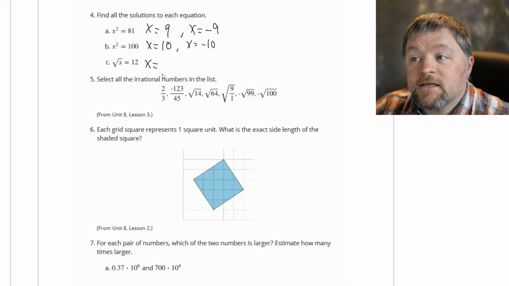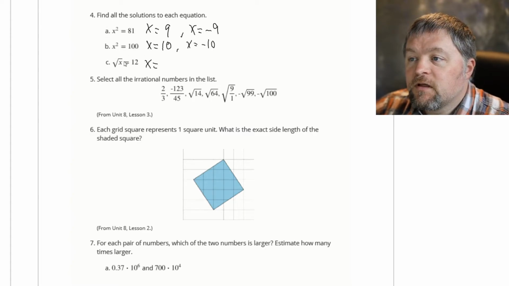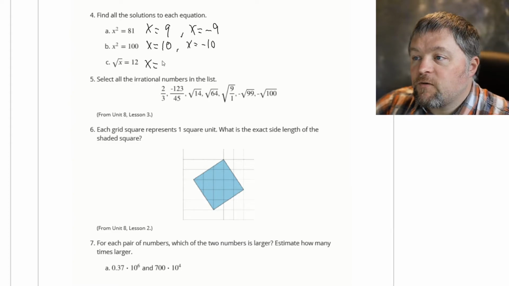Well, because this one is doing the opposite of what these are, we have to think about the square root of some number being equal to positive 12. What number do we take the square root of and get 12? Well, that would be 12 squared, which is 144.